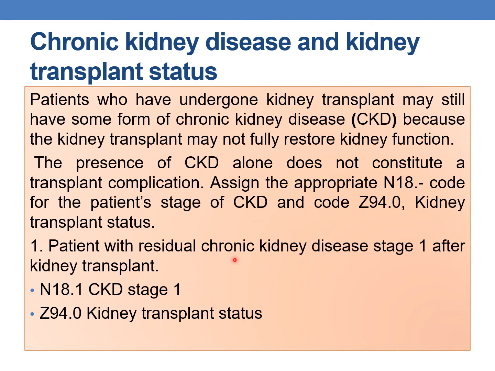Even though the patient has gone through transplantation, still some form of CKD will be present. So the codes are N18.1 stage 1 CKD followed by Z94.0 kidney transplant status. Here you should not consider the CKD as a transplant complication.